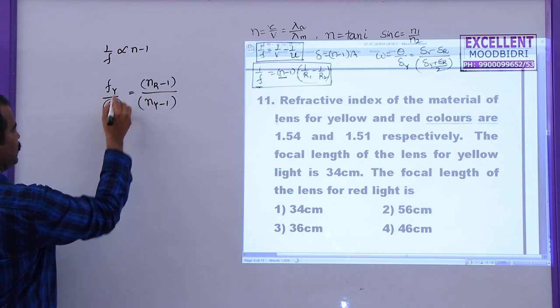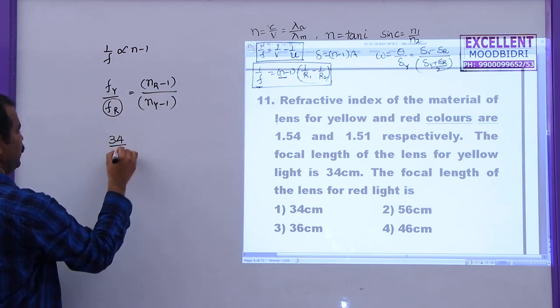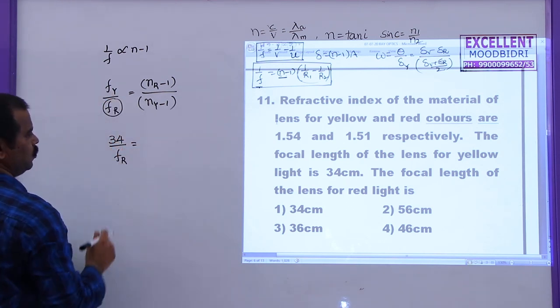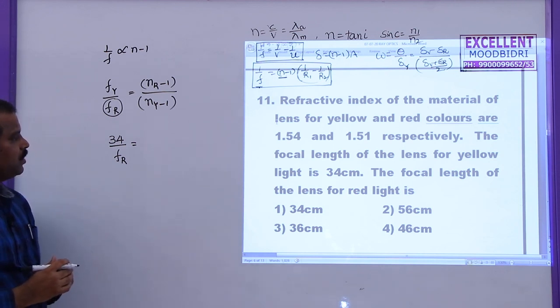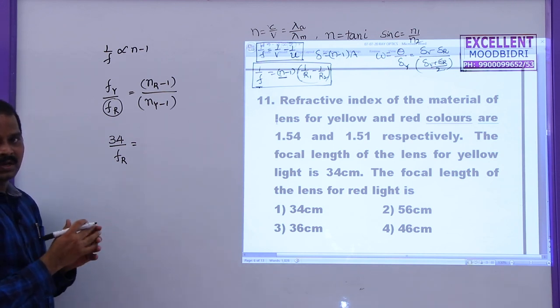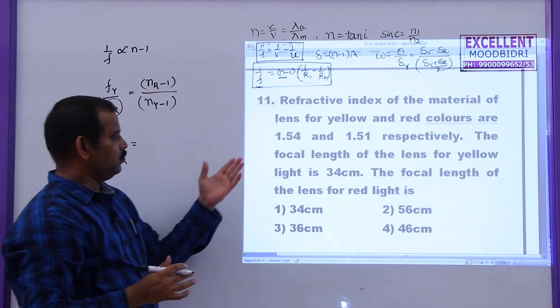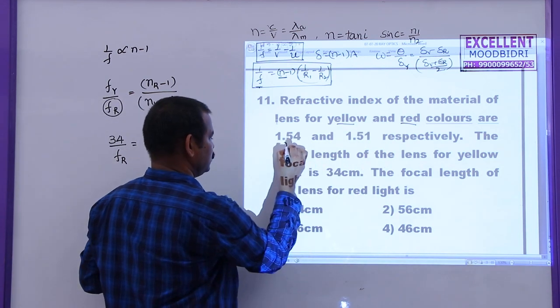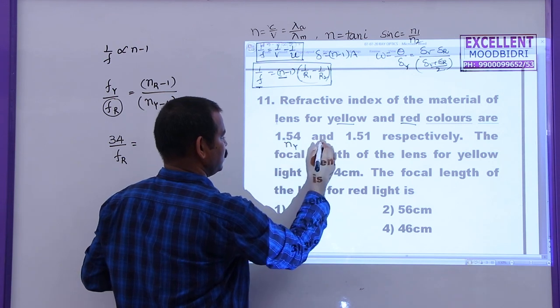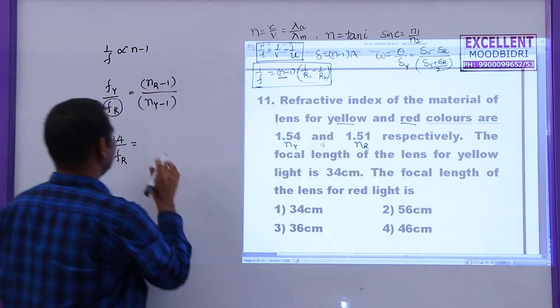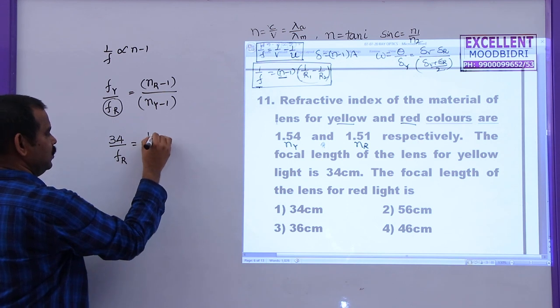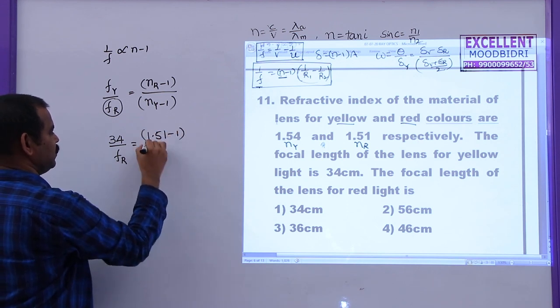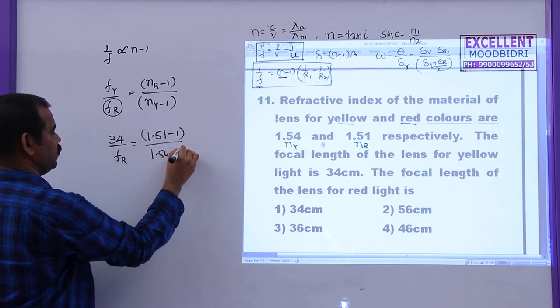I know this value, f y as 34, by f r is equal to. What is the refractive index for red? When these types of problems are given, please take care which is n y, which is n r. The yellow and red are given, so this is n yellow and this will be n red. So this is n r minus 1, that is 1.51 minus 1, by this is 1.54 minus 1.